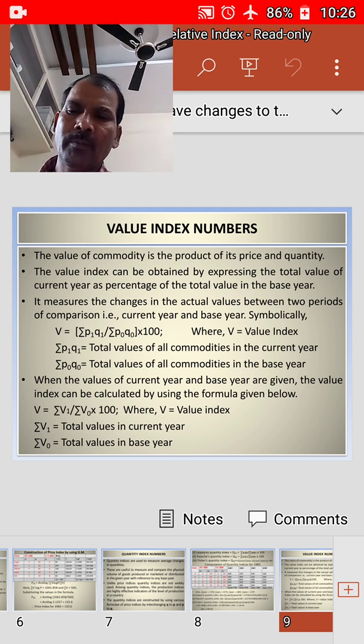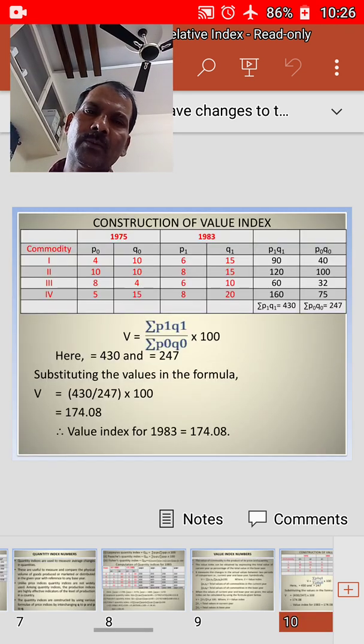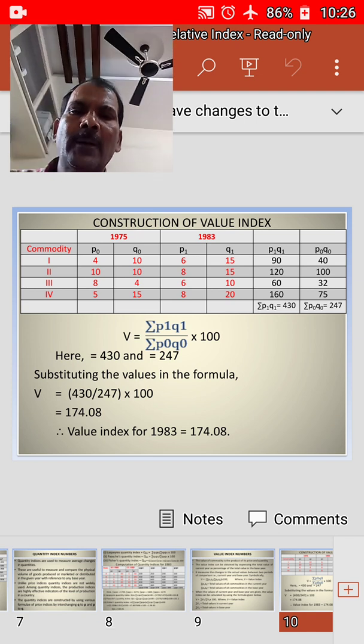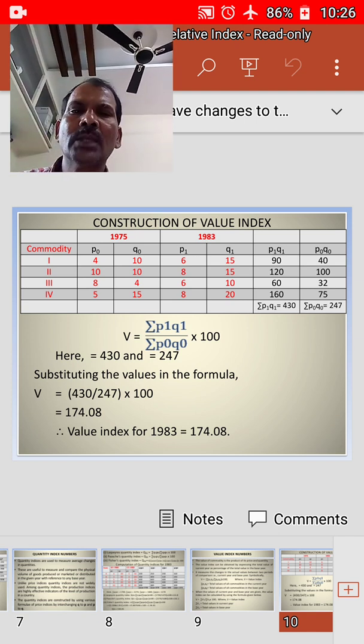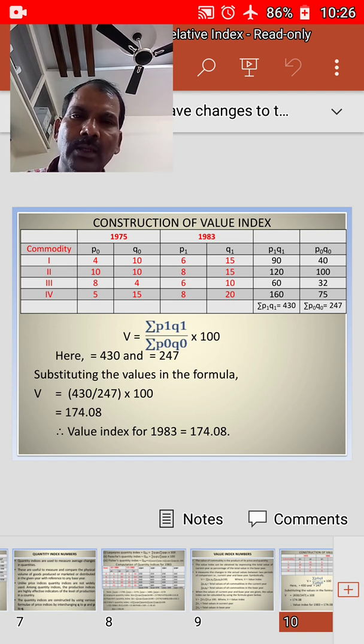Now we will consider one problem for better understanding, that is construction of value index. He has given commodities 1, 2, 3, 4, and he has given 1975 and 83. We consider 1975 as base year and 1983 as current year.